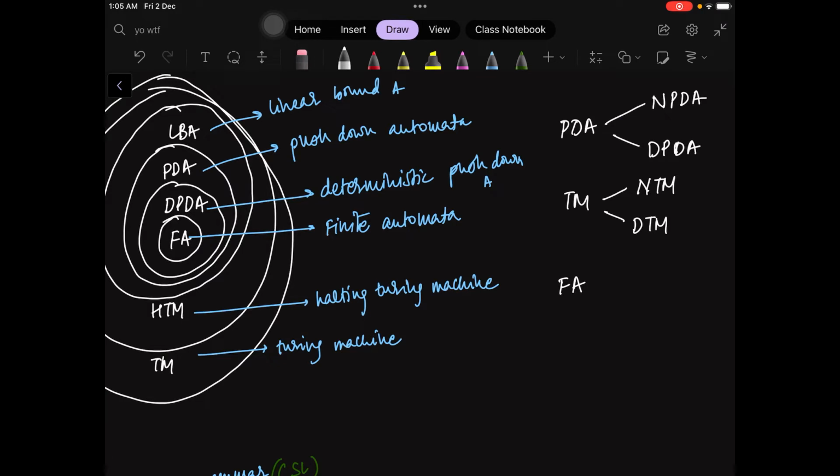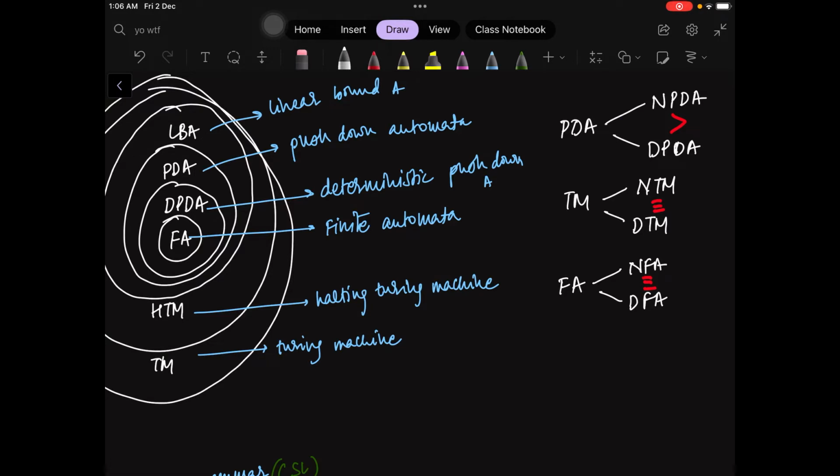Same goes for finite automata, where you have NFA and DFA. Now, a lot of people get confused about which one has more strength. In Turing machine, both have the same strength, same for NFA and DFA, but in a PDA, NPDA has more power than deterministic.